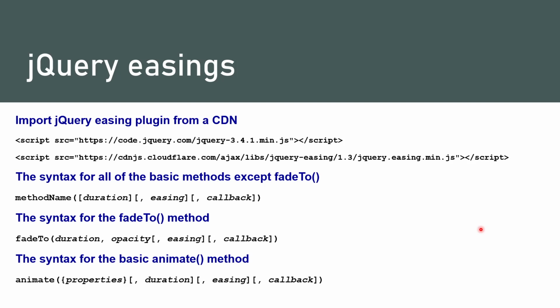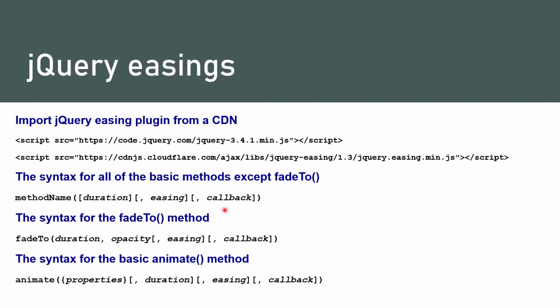But there are also a bunch of other easings. If you want to use those, that is something that you have to import as a plugin. So just like we have to import jQuery, if you want to use other easings, you will also have to import that in a script element in your HTML file to be able to use that in your JavaScript file.